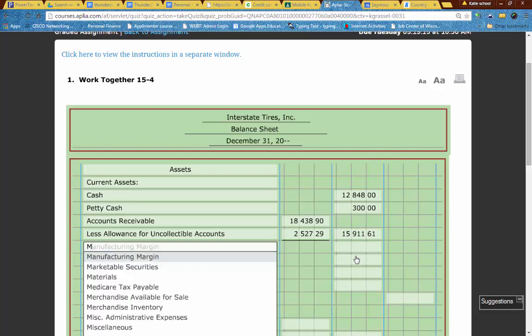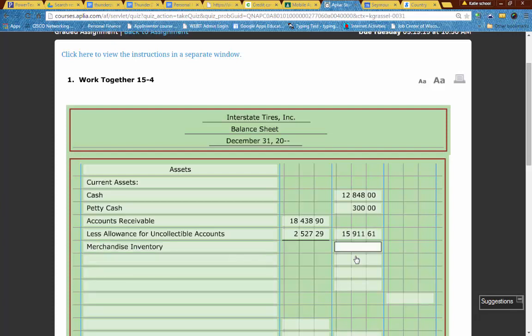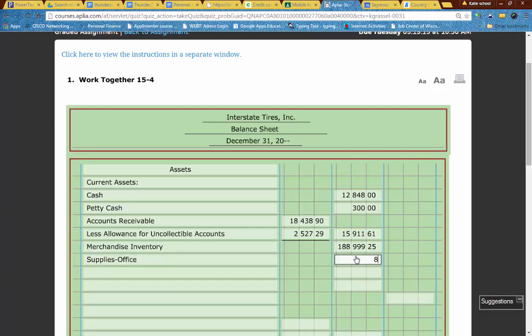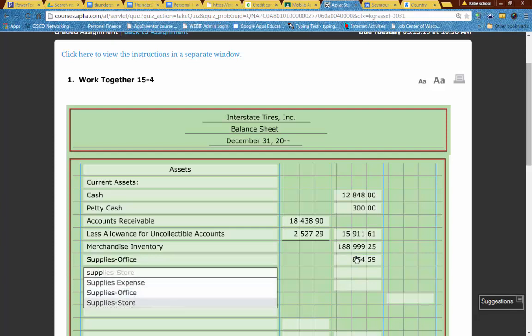My next asset is merchandise inventory. Get your number from the balance sheet column. And that needs to be 188,999.25. Supplies office, 854.59. Again, you have to get it from the balance sheet column. Supplies store. What's that?